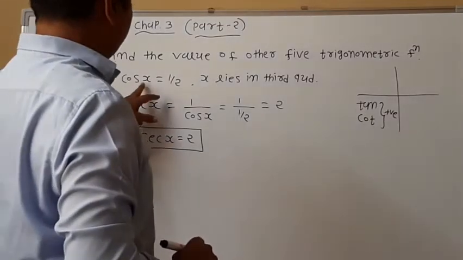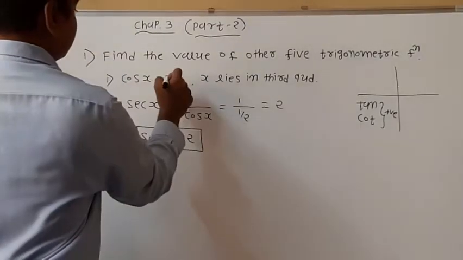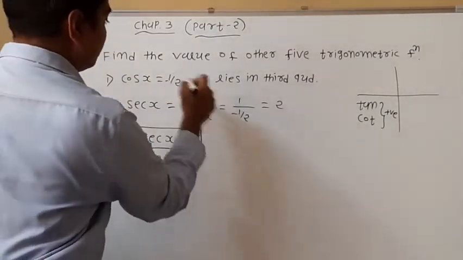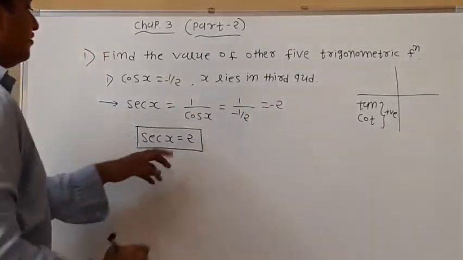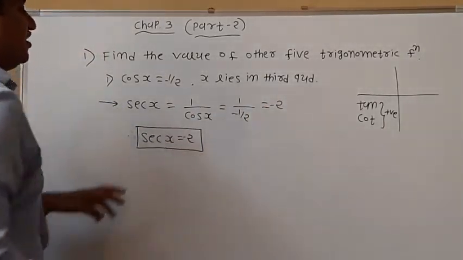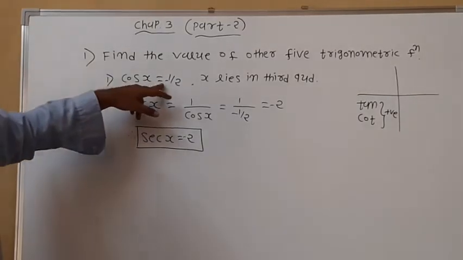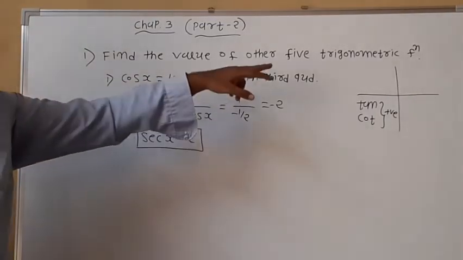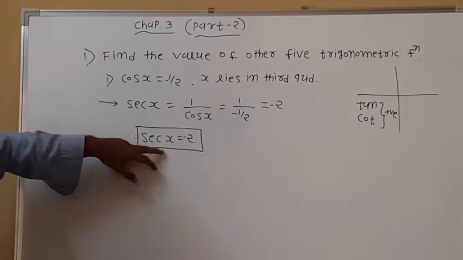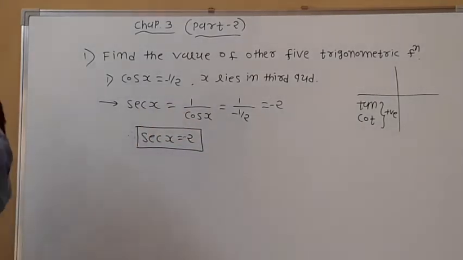But in our question cos x is equal to minus 1 by 2, not 1 by 2. So we write a minus sign here also. Cos x is equal to minus 1 by 2, x lies in the third quadrant, so sec x is equal to minus 2.